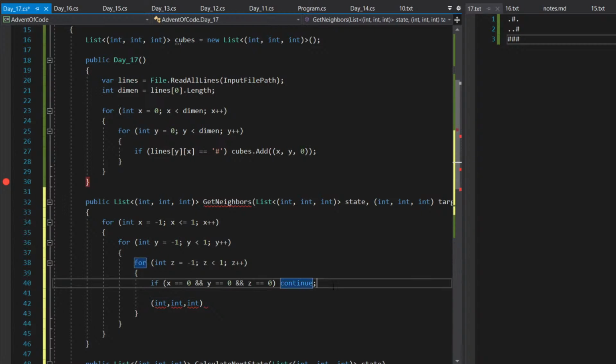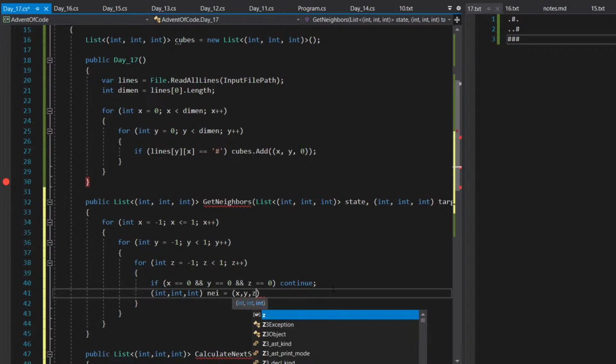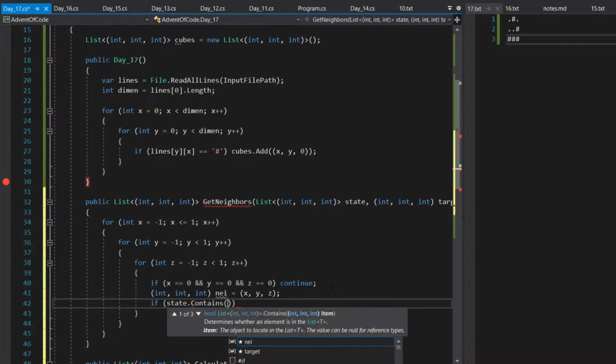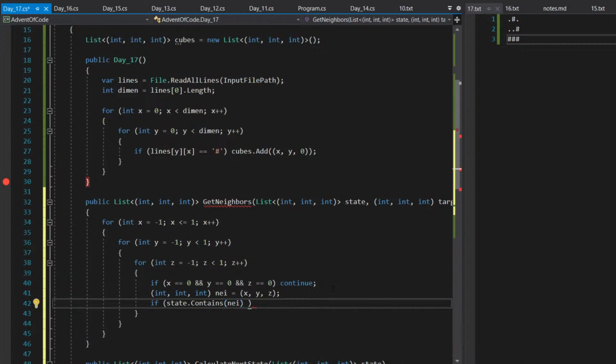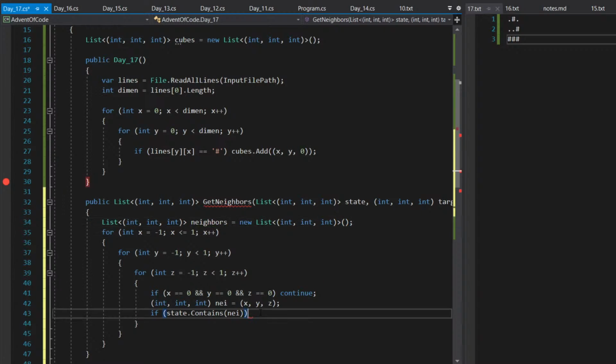All right, so let's see. Our neighbor to test is this. If state contains neighbor, okay.